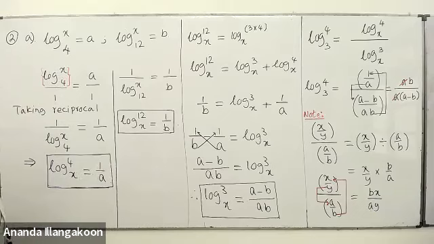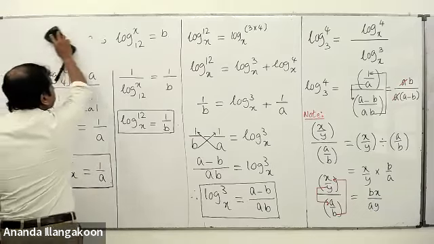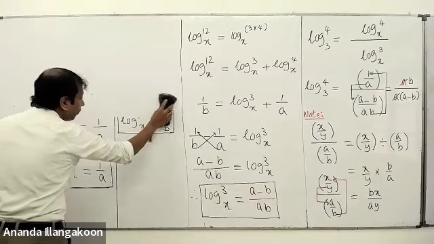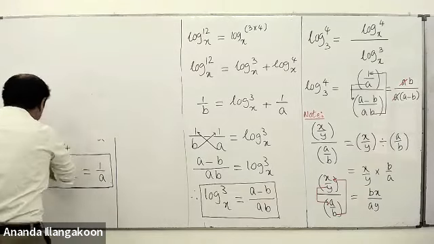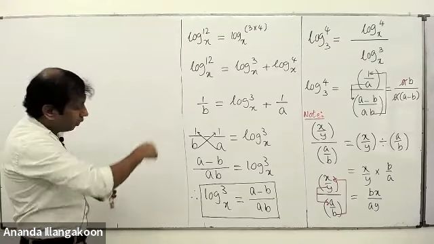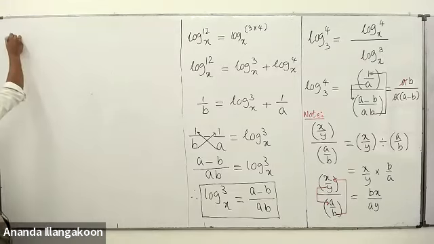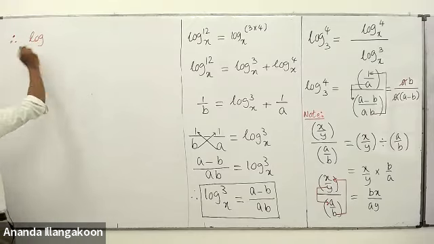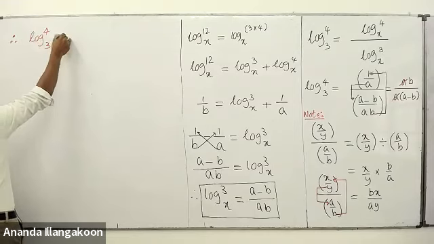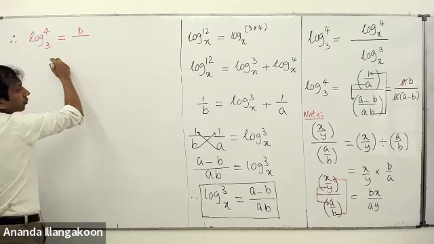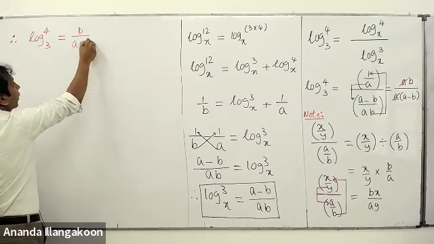I can write it like this. That answer we got: you can then write the final answer. Therefore, log 4 to the base 3 equals b over a minus b.